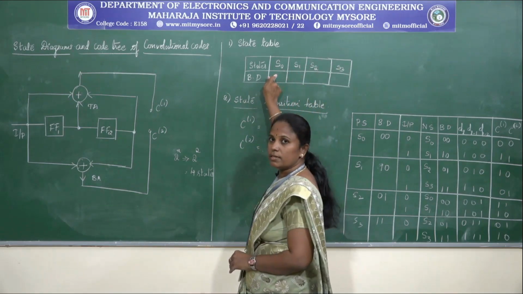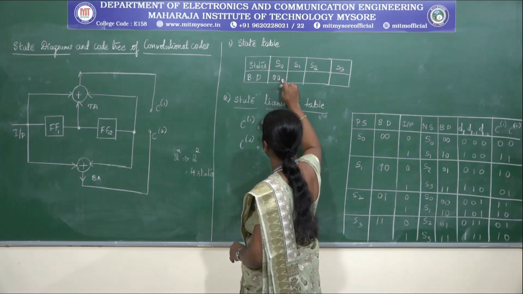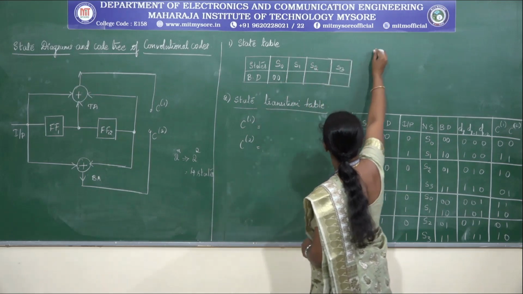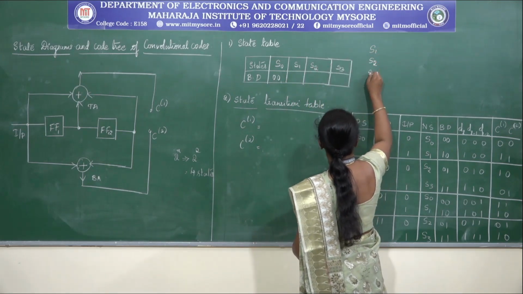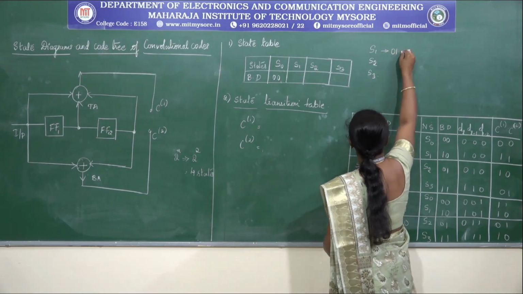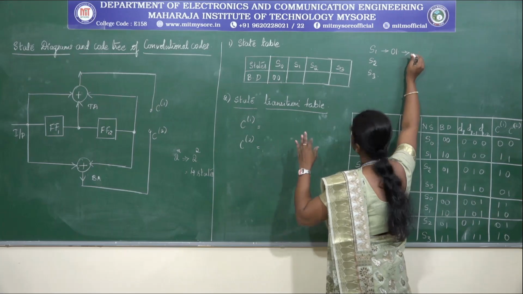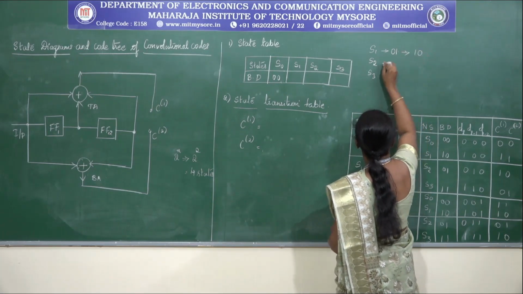Whenever we write the states, we represent S0 by 0, 0. When we represent S1, it is usually represented as 0, 1, but in the case of the state diagram we consider the reverse order, that is 1, 0.